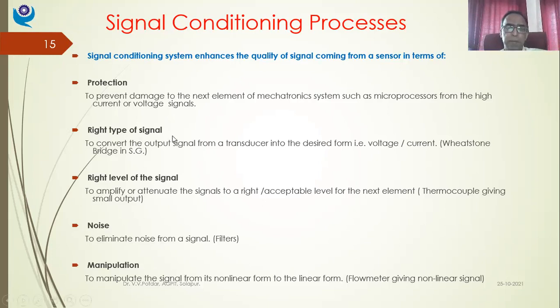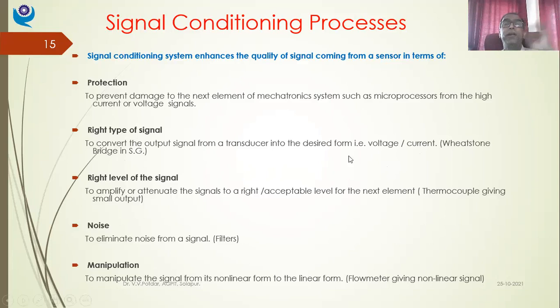The right type of signal: my signal conditioning system should convert the output signal from a transducer into the desired form, either a voltage signal or a current signal, by using an appropriate Wheatstone bridge in the case of strain gauges, as we saw. What does the Wheatstone bridge do? It receives the signal from the strain gauges in the form of resistance change, and that resistance change is converted into voltage change.